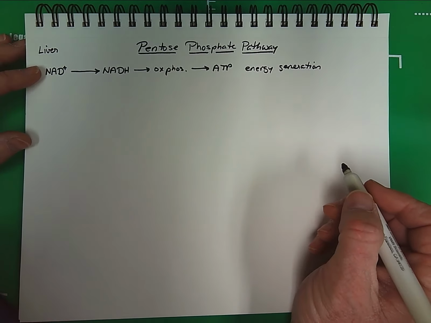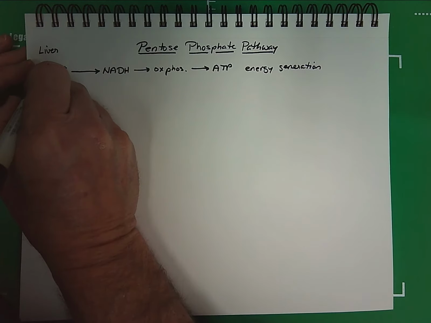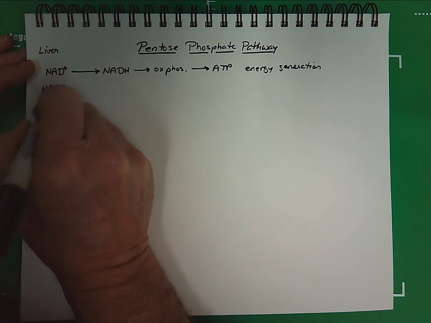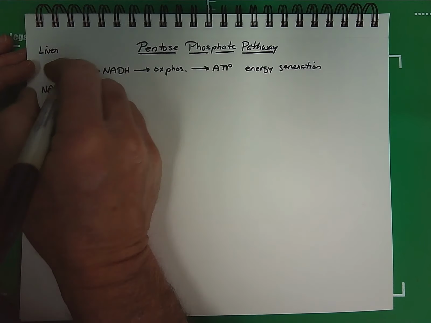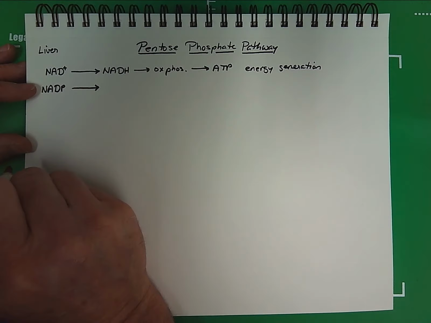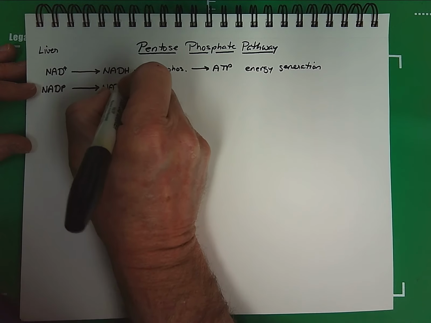Now, a slightly modified product is made in the pentose phosphate pathway. In this pathway, we are going to take a related molecule called NADP. NADP is going to be reduced in this pathway to form NADPH.